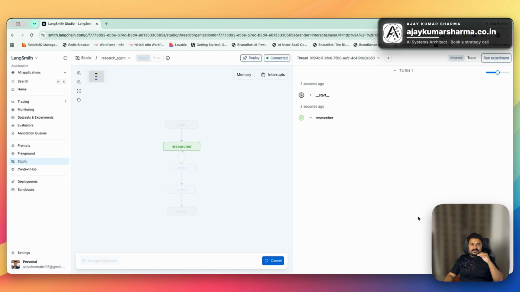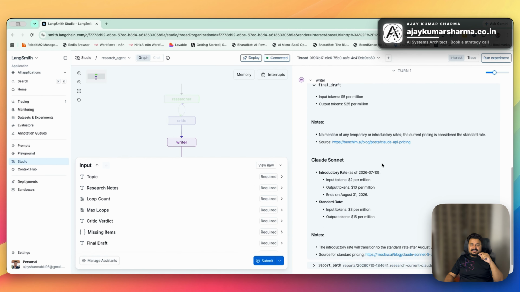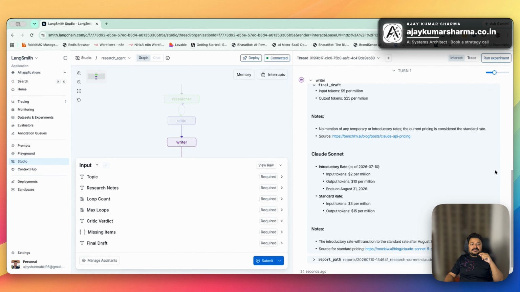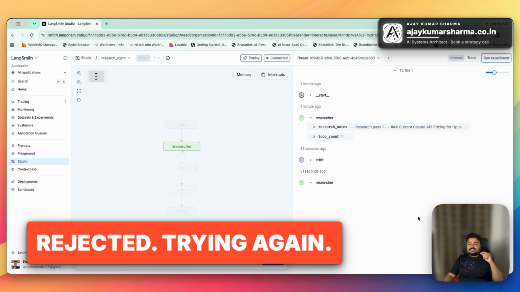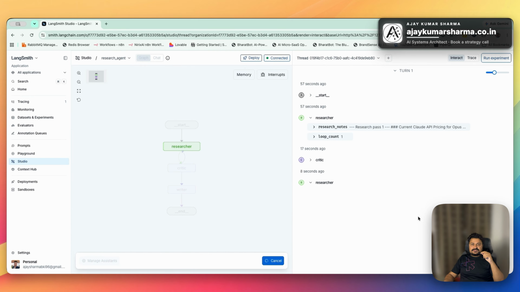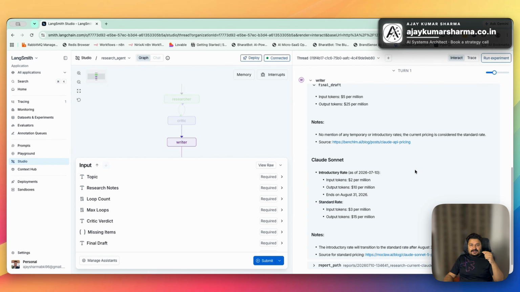Okay, moment of truth. Let's hand it a real topic. Keep your eyes on the graph. The researcher goes first. Now the critic is checking its own work, and you can see that it just kicked it back for another pass because some of the prices were missing. Second round.